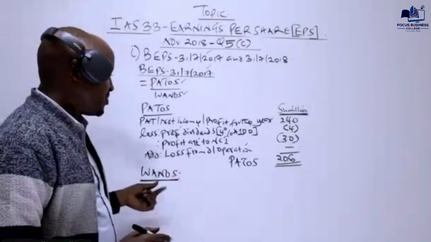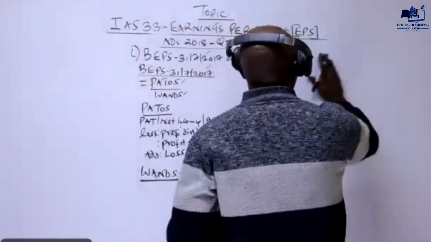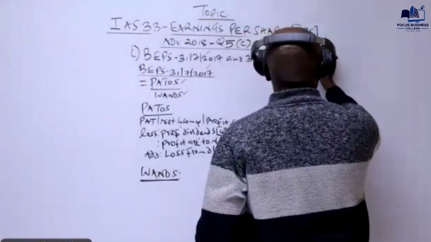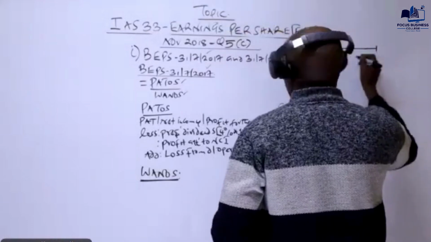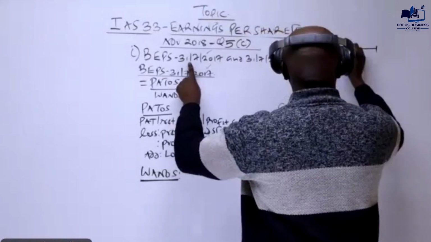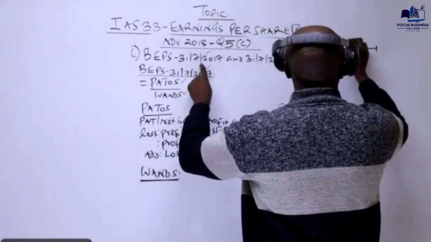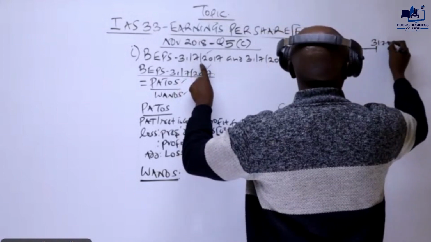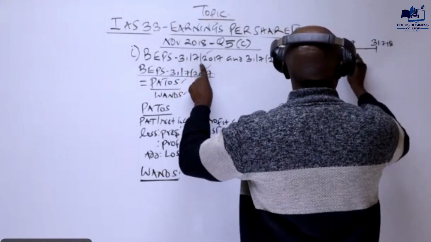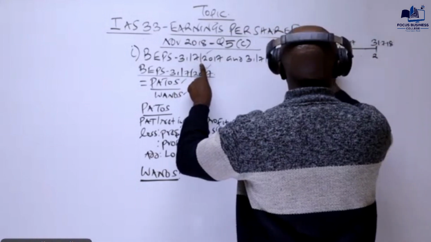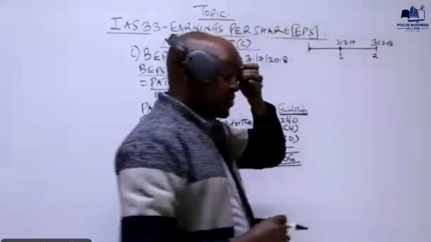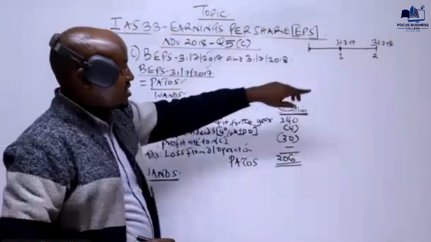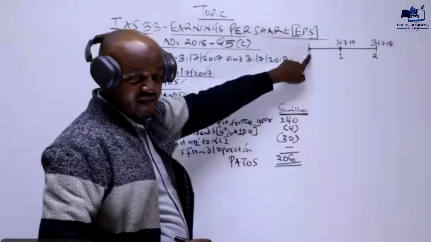But before we compute this, note that in this question we are given 2 financial years. The first year ended on 31st of July 2017. The second year ended on 31st of July 2018. So this is the first year, this is the second year. What we need to do here is determine how many ordinary shares had been issued and fully paid at the start of the first year.